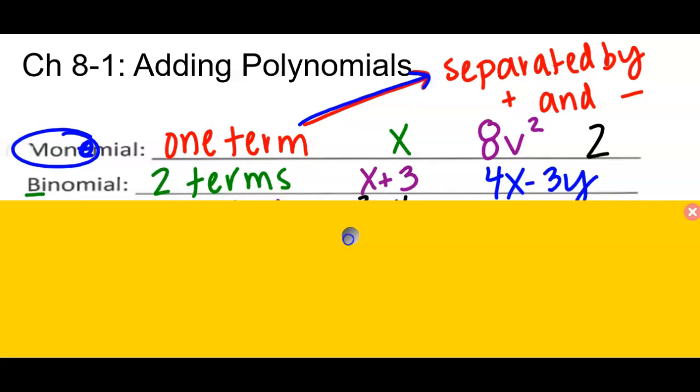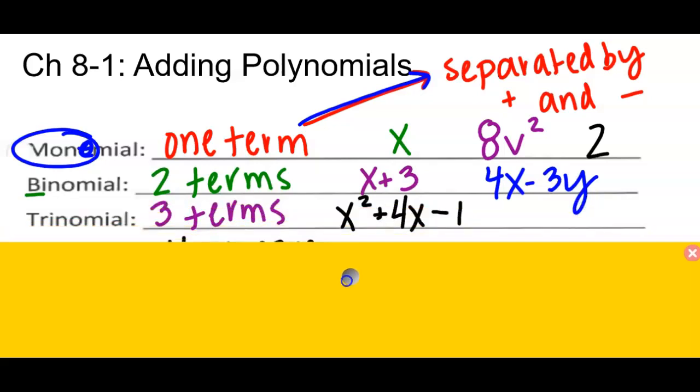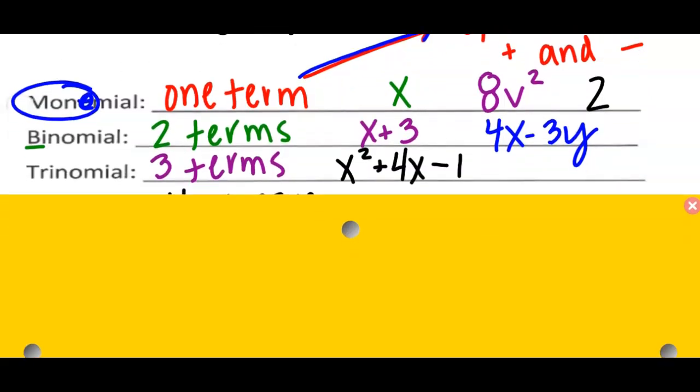How many terms do you think a trinomial is going to have? Well, I'm hoping you said 3. And you should recognize this trinomial. This trinomial is called a quadratic. We've been doing a lot with quadratics in the last chapter. Okay? What about when you have 4 or more terms?